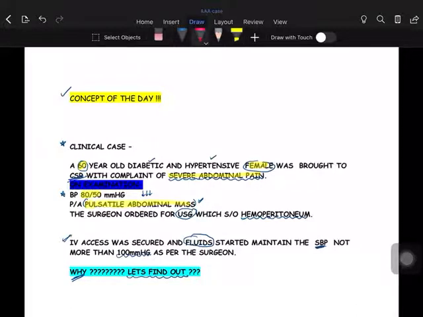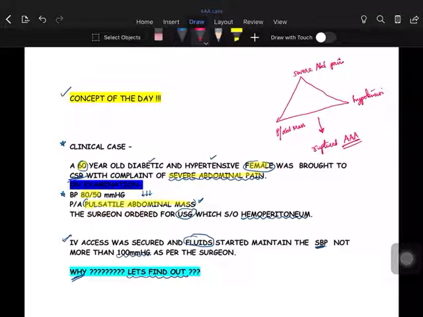So this triad of severe abdominal pain, hypotension, and pulsatile abdominal mass should make you suspect a ruptured abdominal aortic aneurysm, which is a surgical emergency.